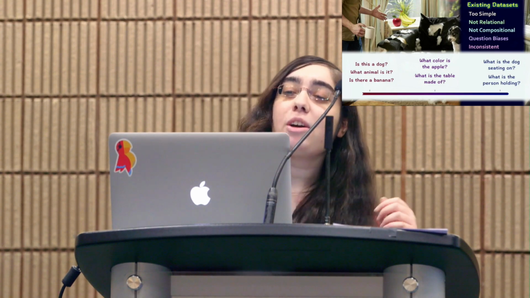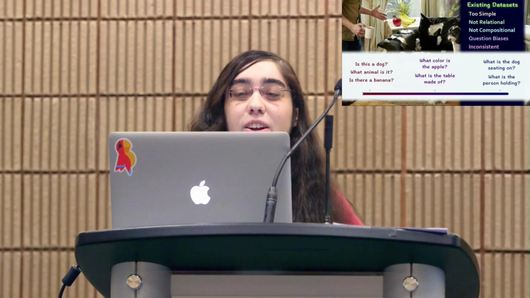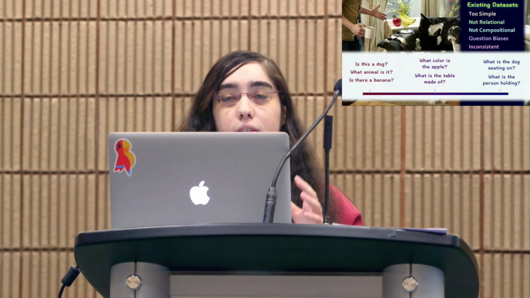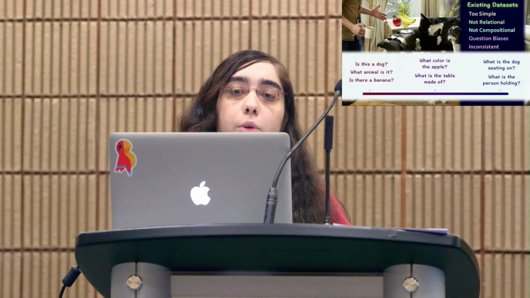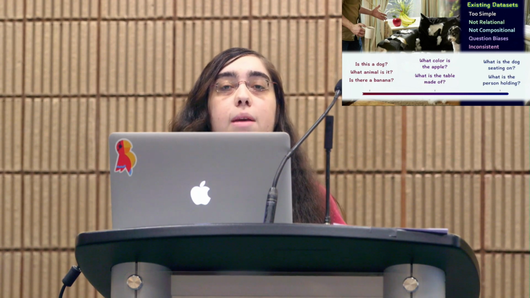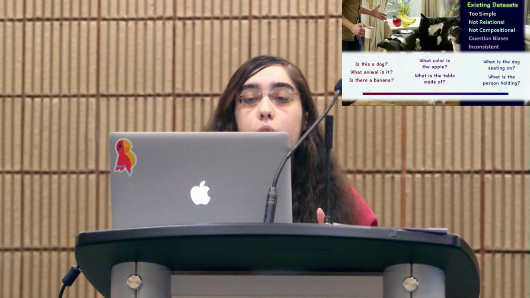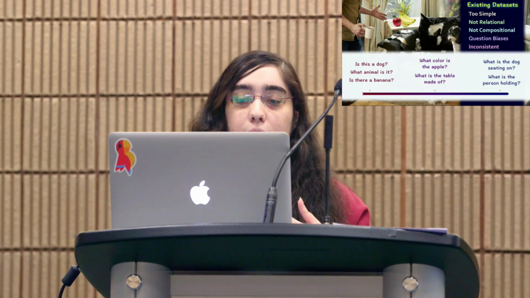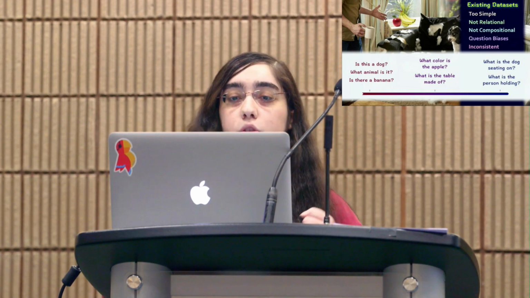Sometimes there are a bit more complex questions such as, what is the dog sitting on, or what is the person holding? But these sort of relational questions are very infrequent. So overall, questions in existing VQA datasets tend to be too simple, not relational, and definitely not compositional, because they don't require several steps of reasoning to answer, only asking about one attribute or one relation.